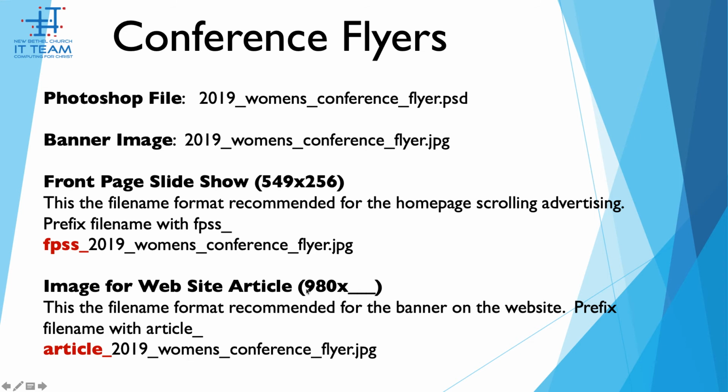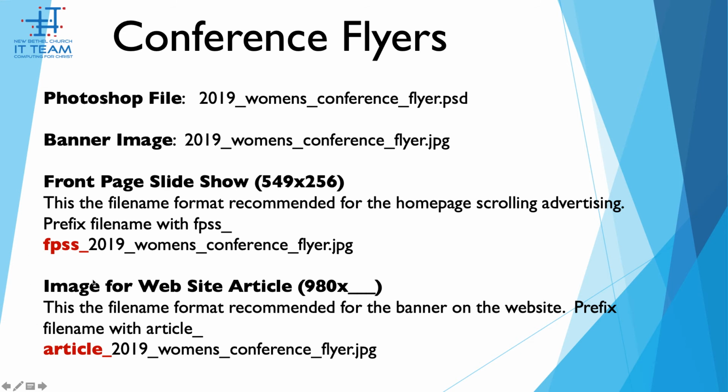The site is 980 pixels wide, so I normally take that Photoshop file right there and resize it when I'm ready, after I've had a back and forth with the requesters of this image and we've solidified what the images are going to look like.